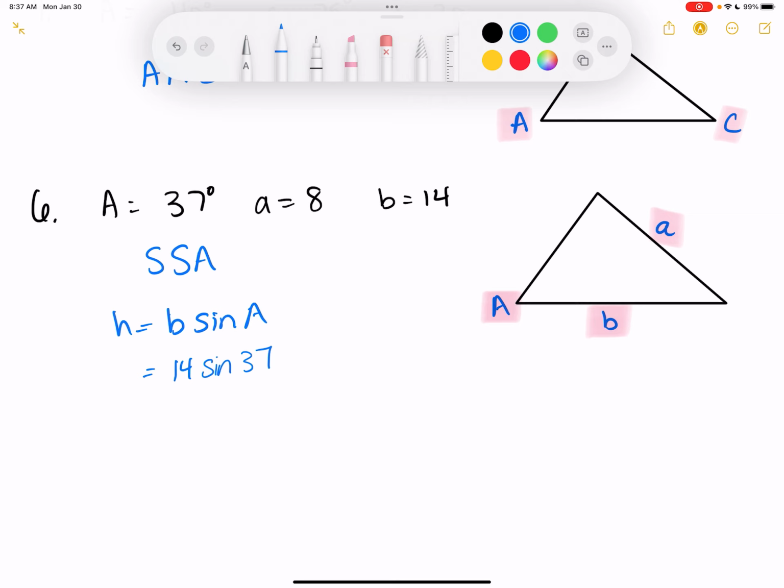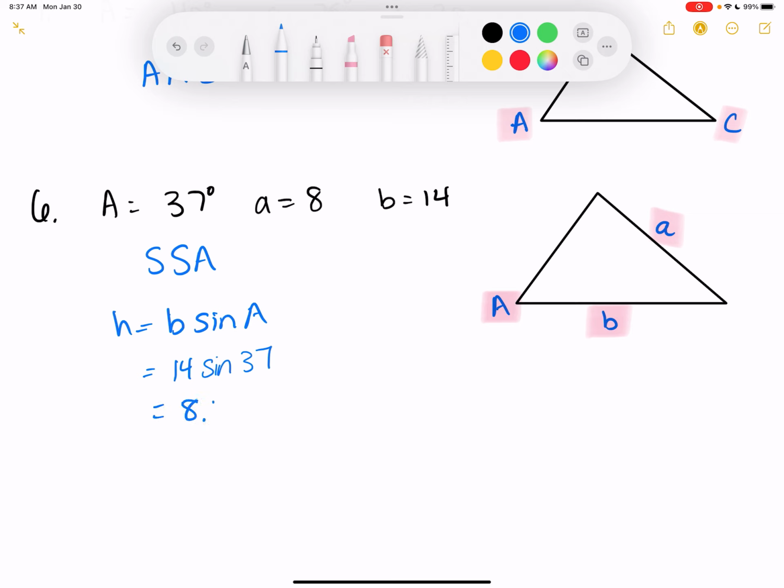So what do you want it rounded to? We're going to do nearest whole number for, well, no, hold on. Let me back up. Your H value, you need to go out at least 1 or 2 decimal places if it's given to you. 8.43.